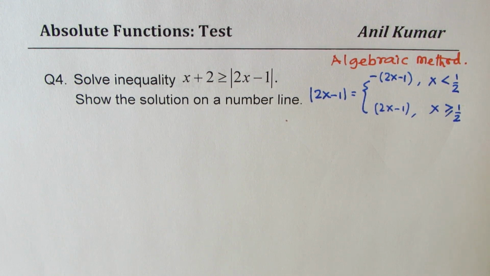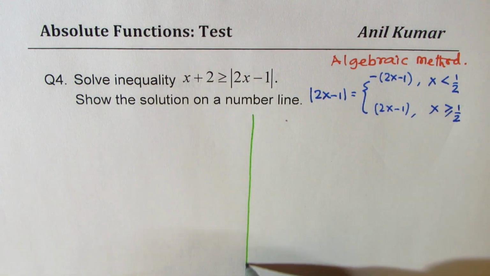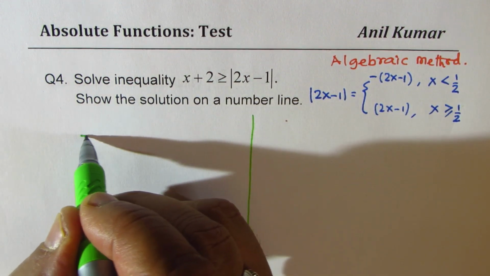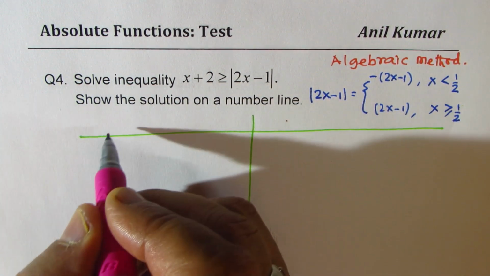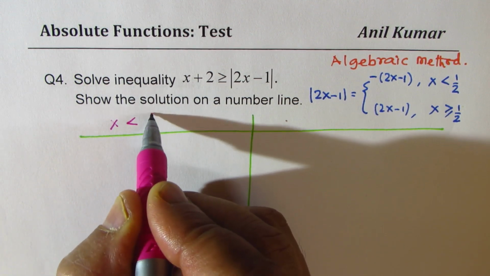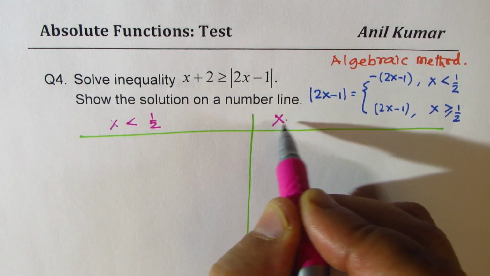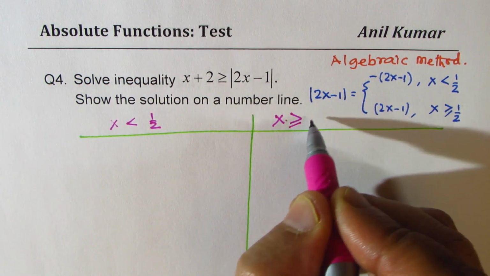Now that clearly indicates that any question related to absolute functions should be solved in two cases. So case 1 will be when the inside function is on the left side or negative, and the other one when the inside function is positive, right?